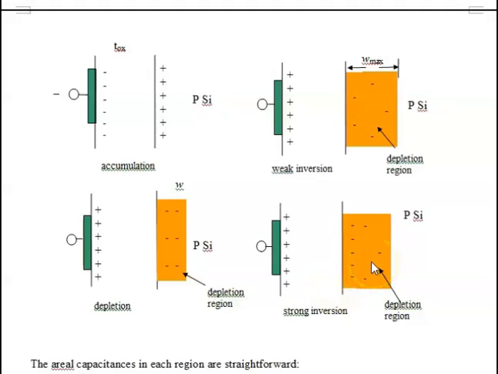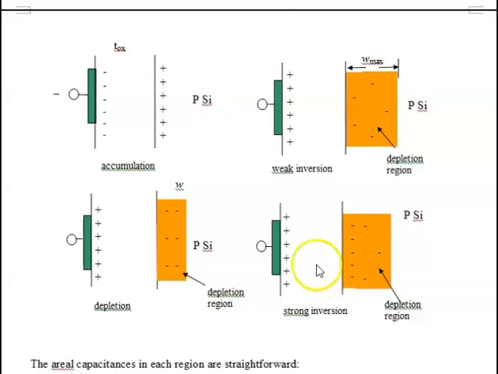So remember that capacitors in series, there are two capacitors here. There's the oxide capacitance, just like here, charge on the two electrodes, and then there's the depletion capacitance. But the depletion capacitance is relatively small compared to the oxide capacitance.